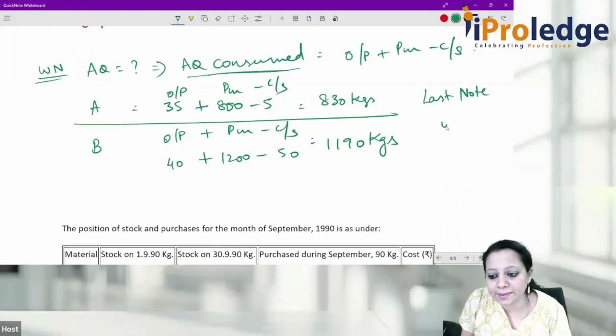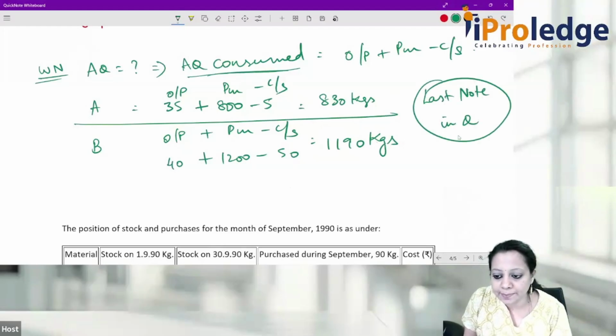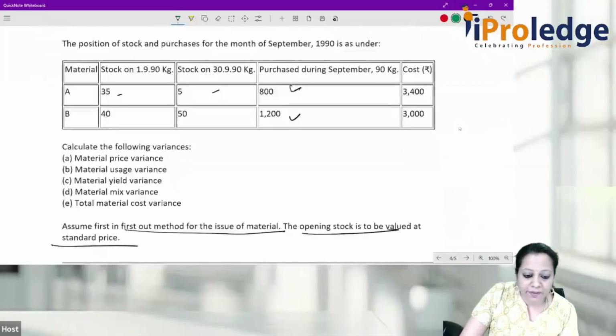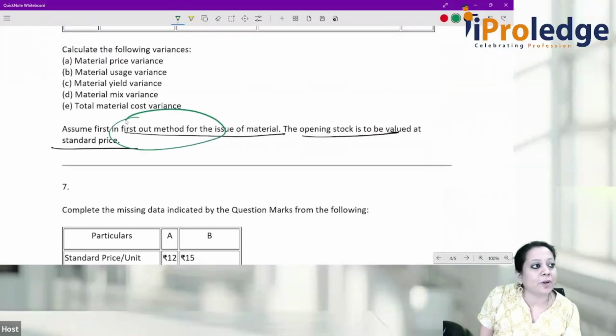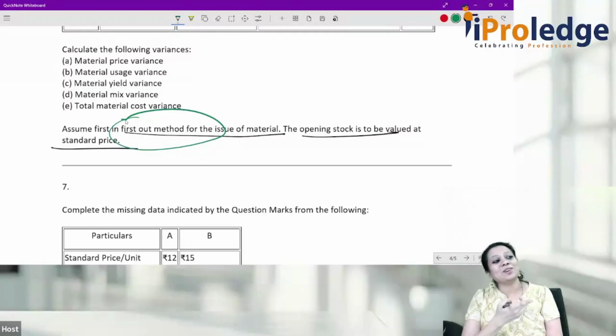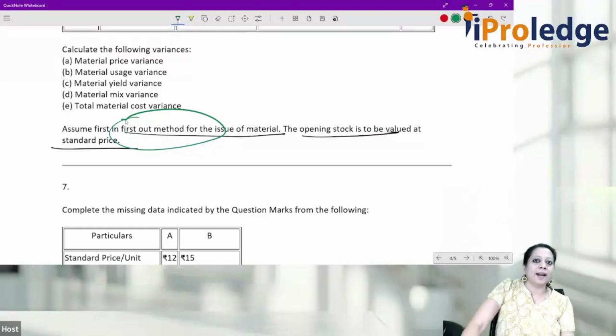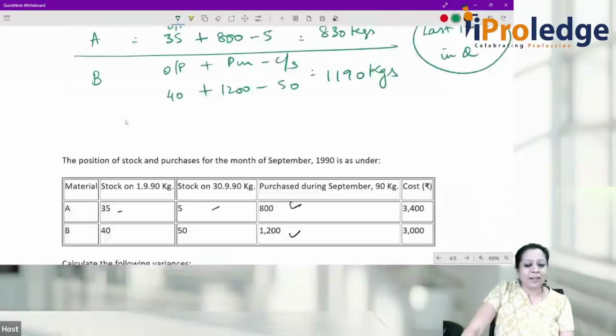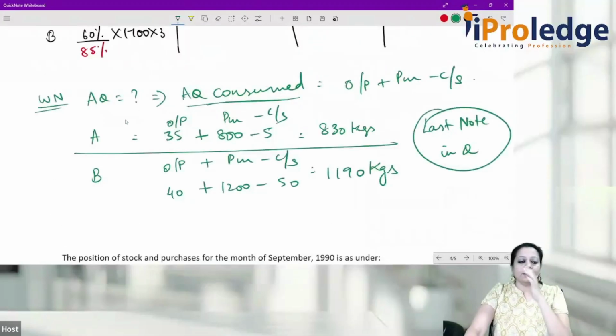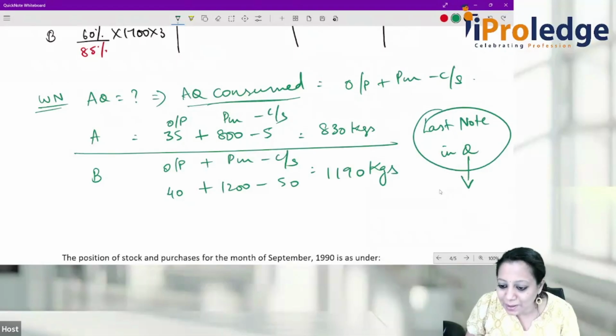The last note in the question, you can see, they have told about FIFO. So FIFO means what? In consumption, the first opening stock is consumed. Very nice, students. And opening stock should be valued at standard price. All right. Suppose it's not given in the question, you please make your valid assumption and state it. Okay. All right. So now it is going to be what term?